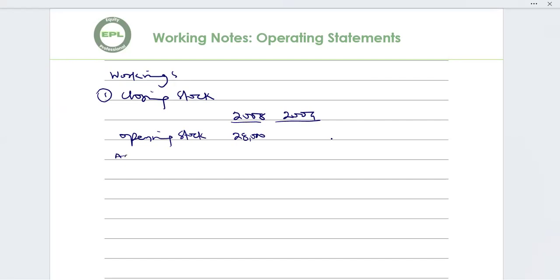Then we are going to add actual production or actual output. Actual units produced in 2008 was 200,000. Add the two together. That gave us 228,000. This is total units available for sales.